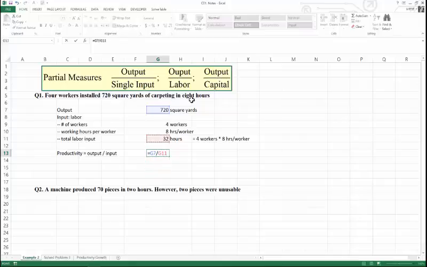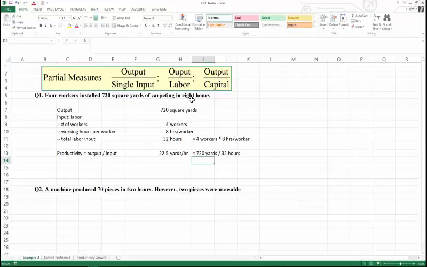Input is 32 hours. So that is our productivity, measured in yards per hour. The calculation logic is 720 yards divided by 32 hours. So now we know our answer to question 1.